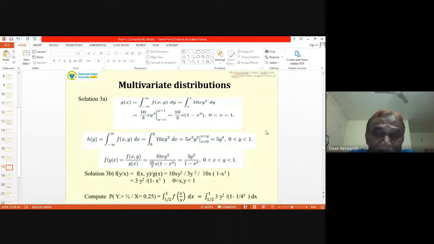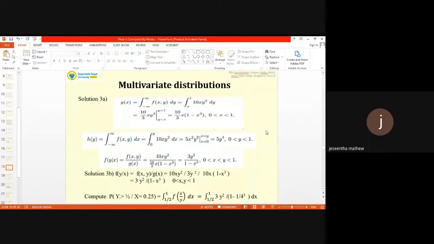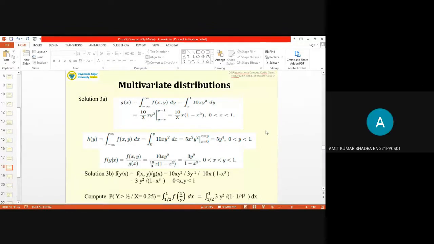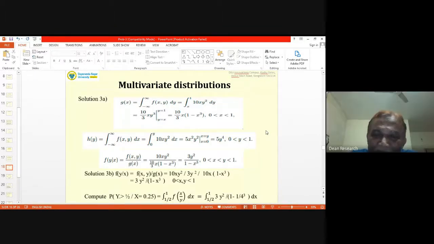I think, Jacinta, f of x, y is given itself in the problem as 10xy square. Yes, it is there on the top. With respect to x, y is now taken to be constant. That's why we can take it out and then do the integration.